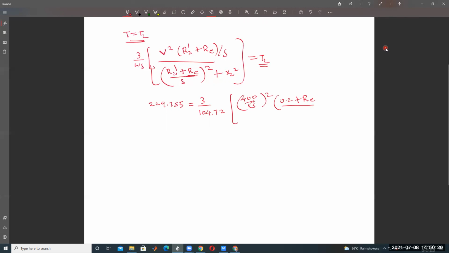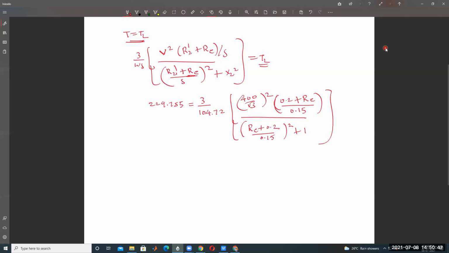What is the slip here? 0.15. So here also, same way, (R_E plus 0.2) divided by 0.15, whole squared, plus 1. 1 squared means 1.